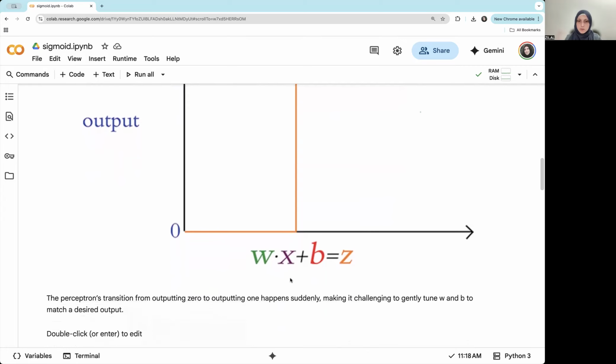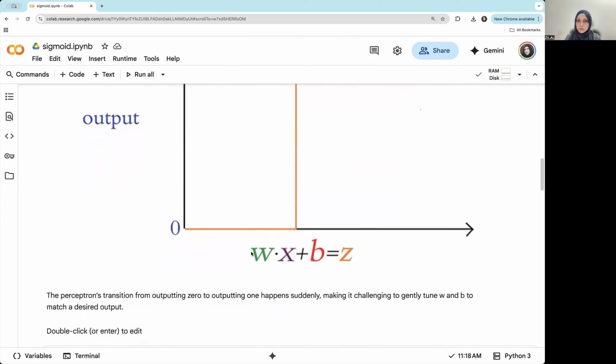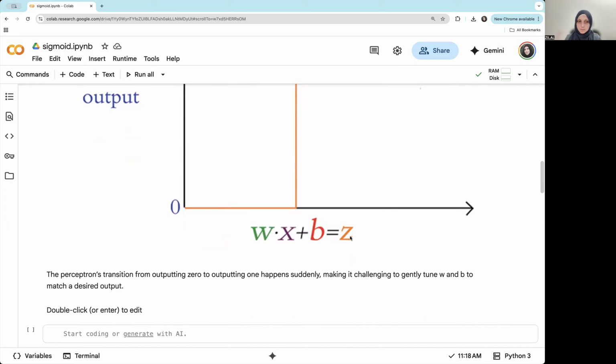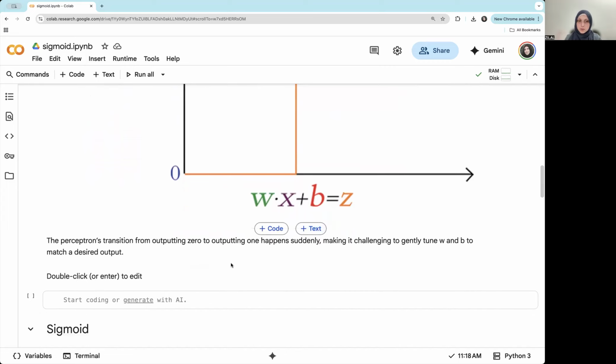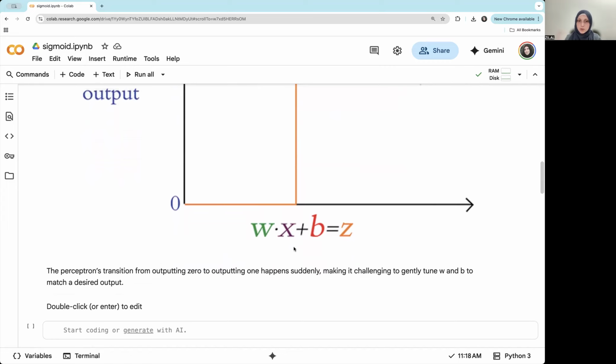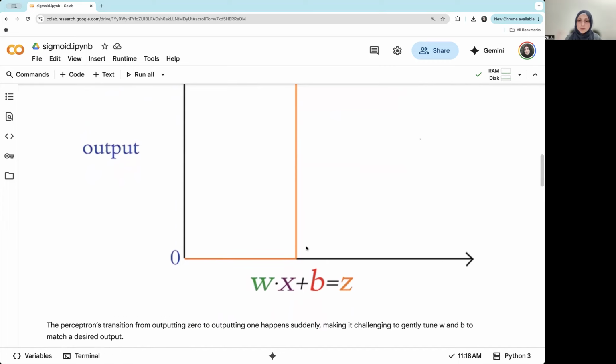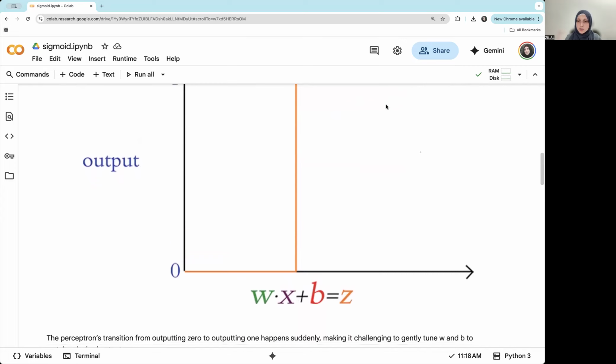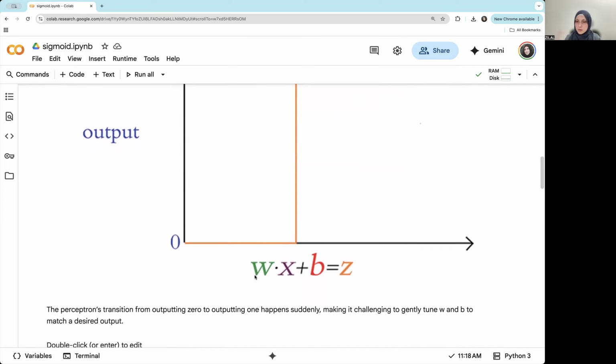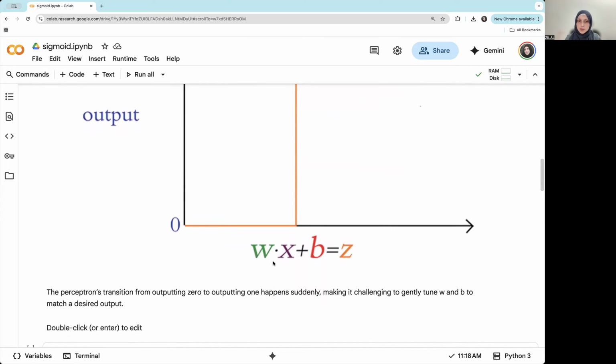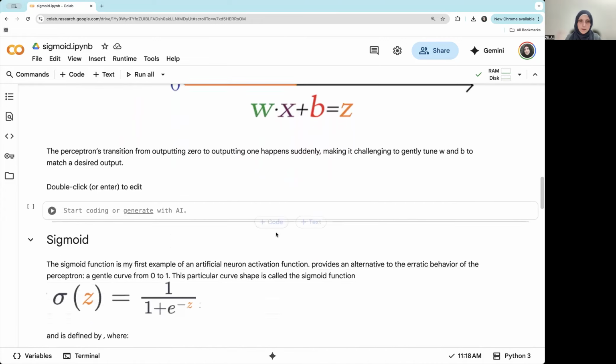This is the equation, where W represents the weights, X the features, and this is the bias term, which equals Z. The perceptron's transition from outputting 0 to outputting 1 happens suddenly, making it challenging to gently tune W and b to match a desired output.